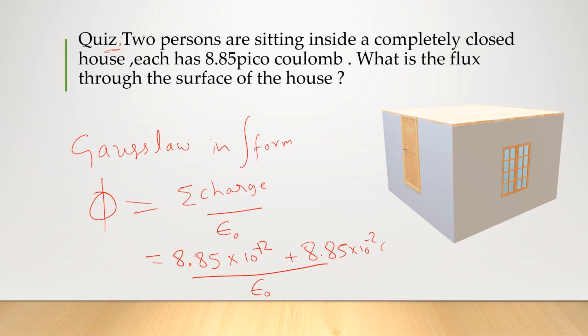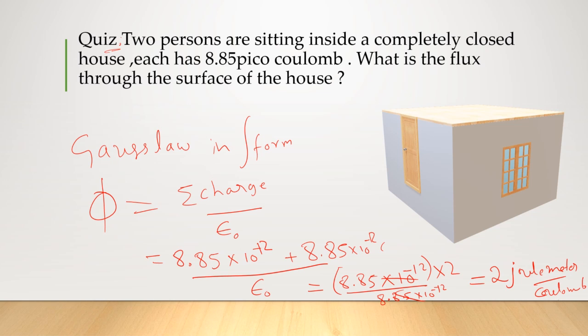We have chosen this value so that it is numerically equal to epsilon naught's value. 8.85 into 10 power minus 12 divided by the same number 8.85 into 10 power minus 12, and net charge is twice this one, therefore this got cancelled. It is 2. What is the unit? Joule meter per coulomb. You work out, right unit will be like this.